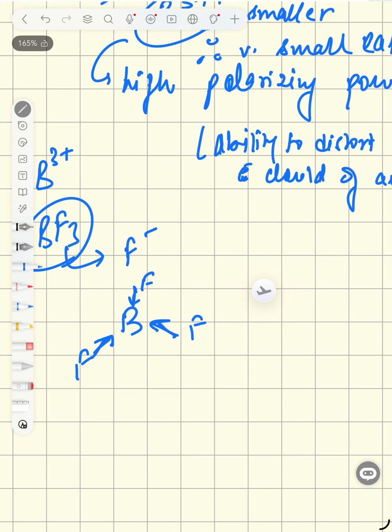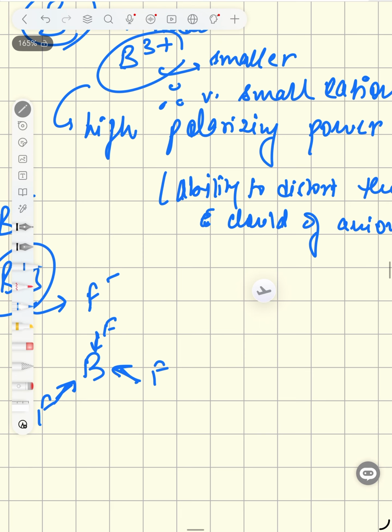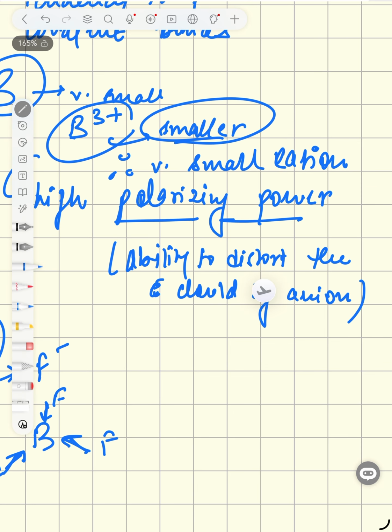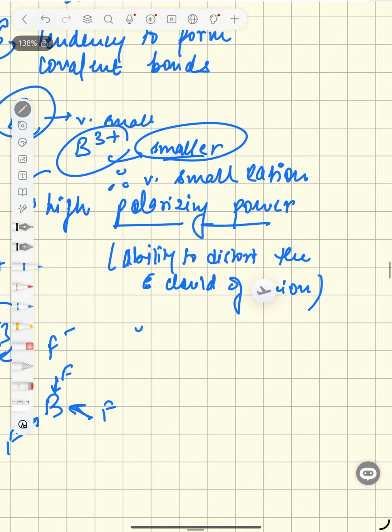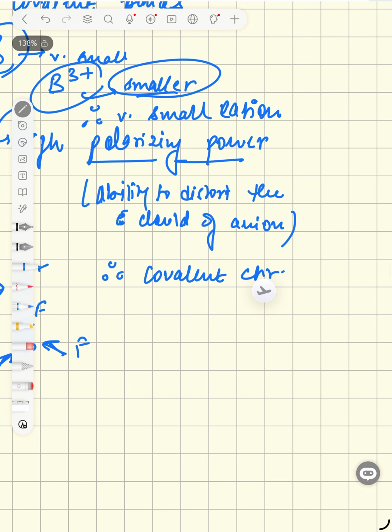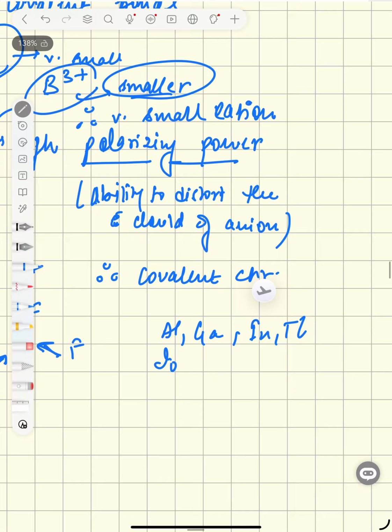It will pull the negative electrons towards itself due to its high polarizing power, which is because of the small size of the boron element. Therefore, it shows covalent character. Then the other elements show ionic character. As we move down the group, other elements including aluminium, gallium, indium, thallium show ionic as well as covalent character.